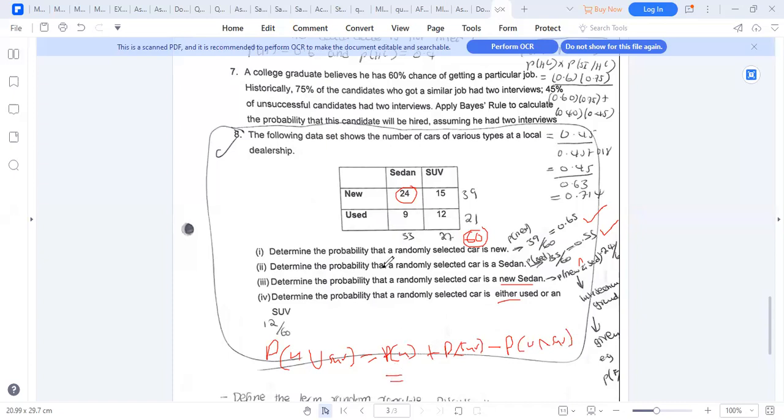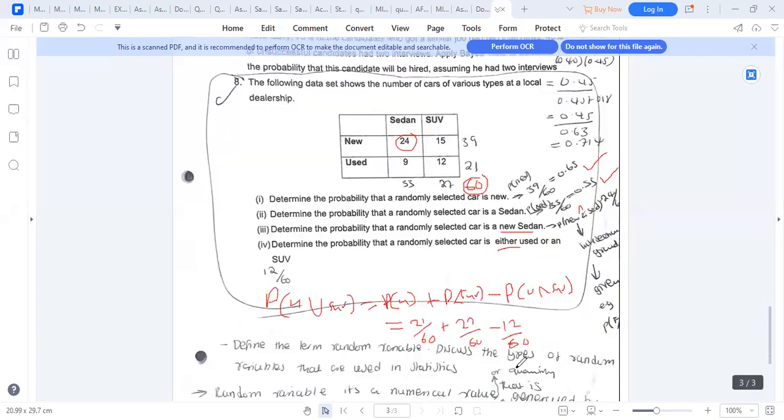What's the probability of used? 21 out of 60. Plus SUV, 27 out of 60. Minus intersection, where do they meet? SUV and used, 12 out of 60. And the final answer is what you get as a union.